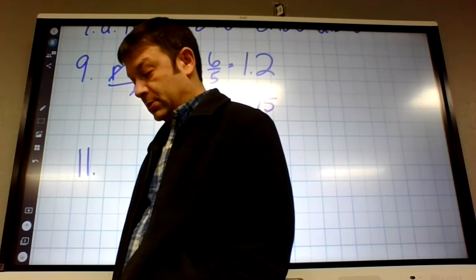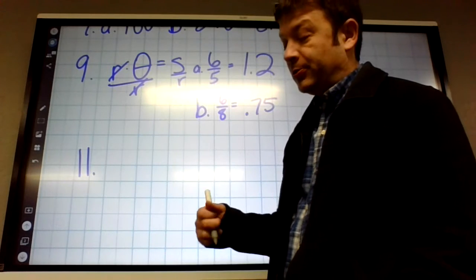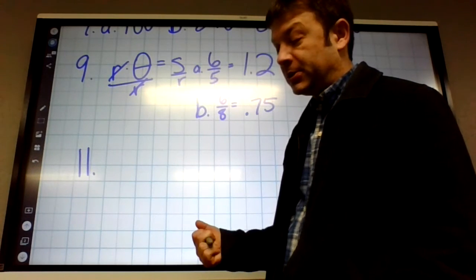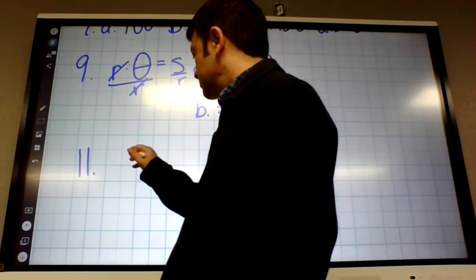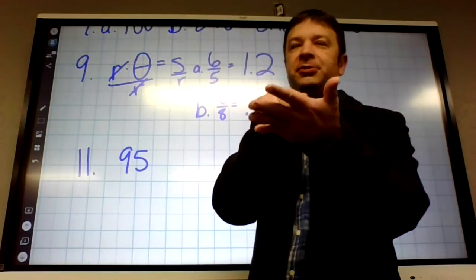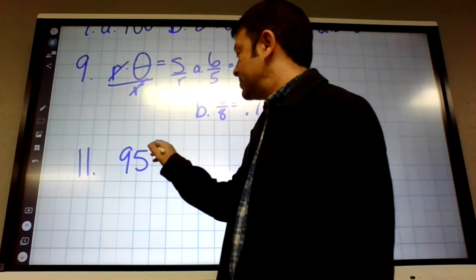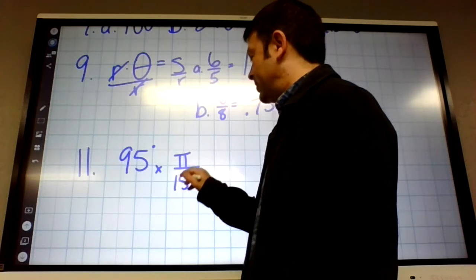Number 11. All right, so now they're giving us messy numbers. So we basically have to use the converter, use the calculator here. Probably just keep the converter in there, and use your arrows to go back and change the number. So it's 95 degrees times the converter: you want to multiply in the radians and divide out the degrees.